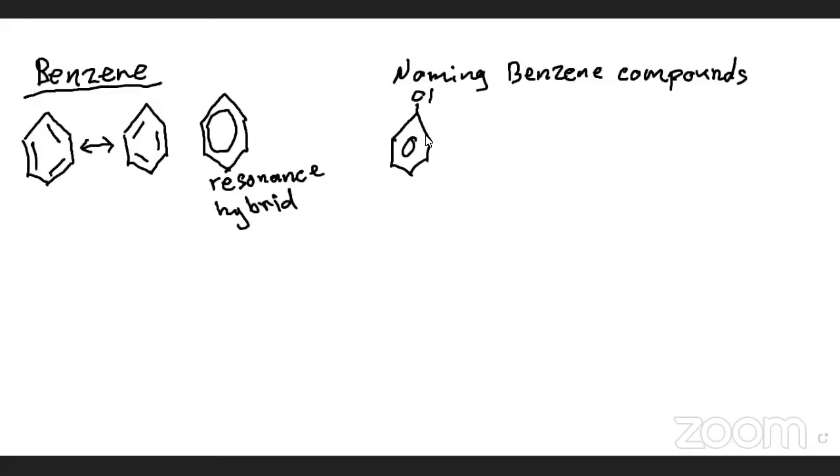So benzene is the parent name for any compound. If you have chlorine on it, so this is a chloro group. So we just say chlorobenzene.